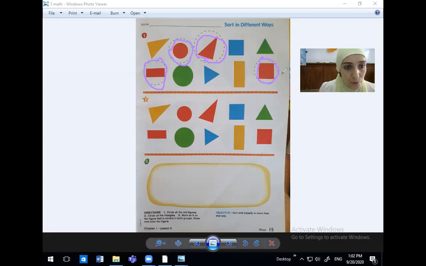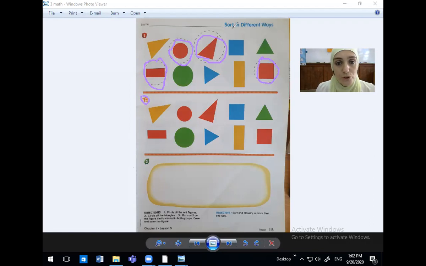Okay, so number 2, circle all the triangles. So if here we were choosing by color from all these shapes, from all these figures, in the second exercise, we need to choose by shape. Circle all the triangles. They can be different color, they can be different size, but they are triangles. So we need to choose only triangles.